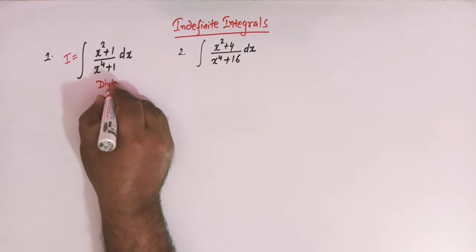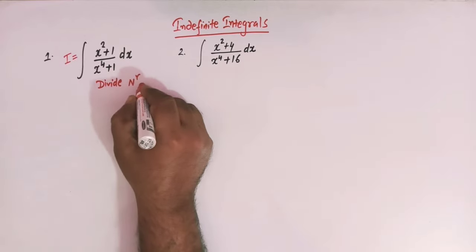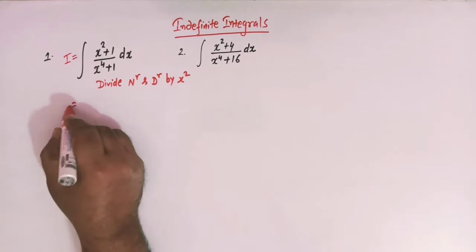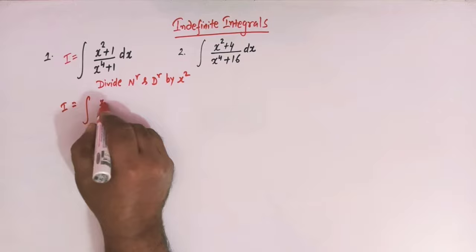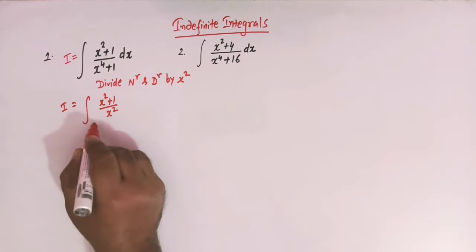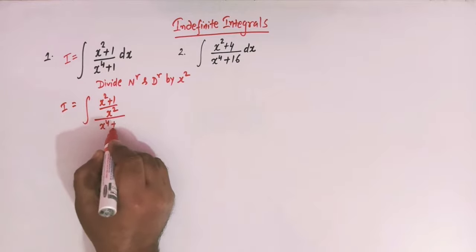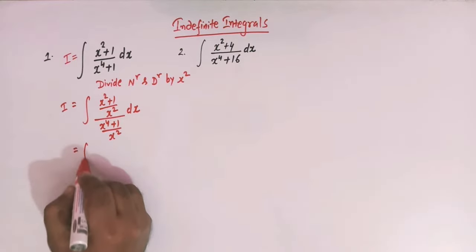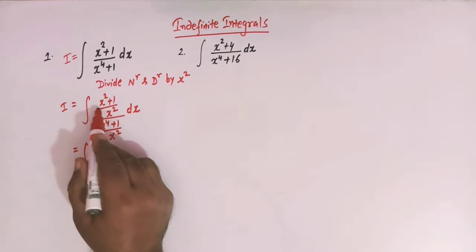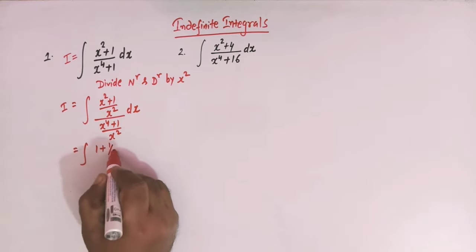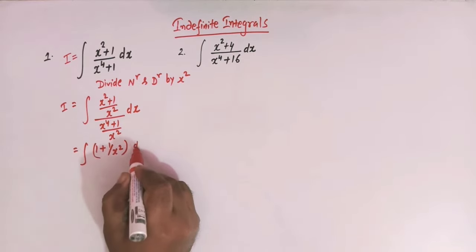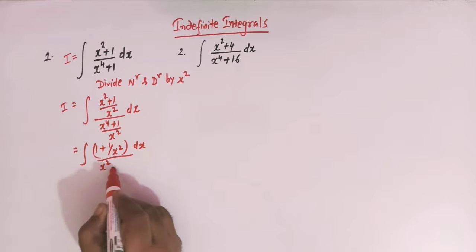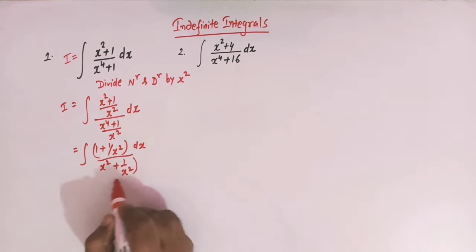So we will have x square plus 1 over x square, divided by x raised to 4 plus 1 over x square, dx. Now if we separate the terms, we will have 1 plus 1 over x square in the numerator, and in the denominator we will have a term like x square plus 1 over x square.